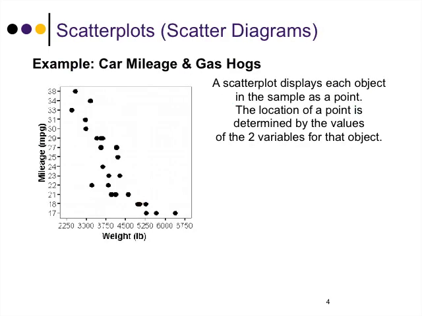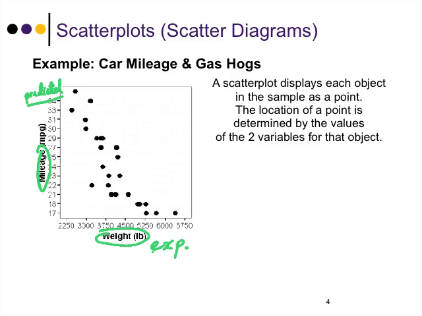Alright. So here's our example of car mileage. In here we have weight as the explanatory and mileage is the predicted variable. Okay. So here we're using weight to try and explain what mileage ought to be.